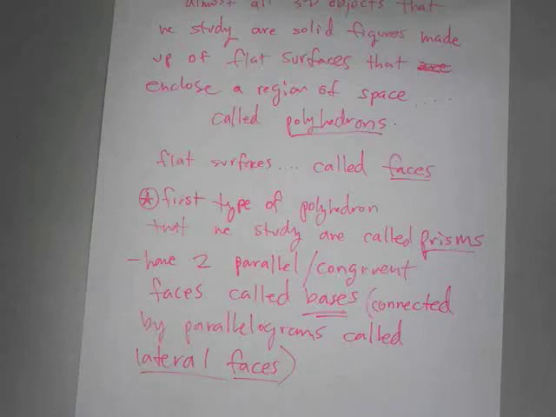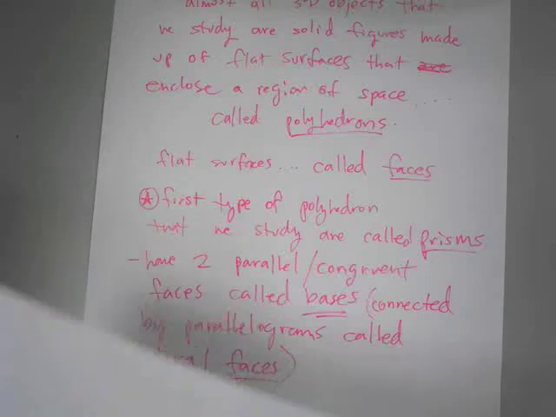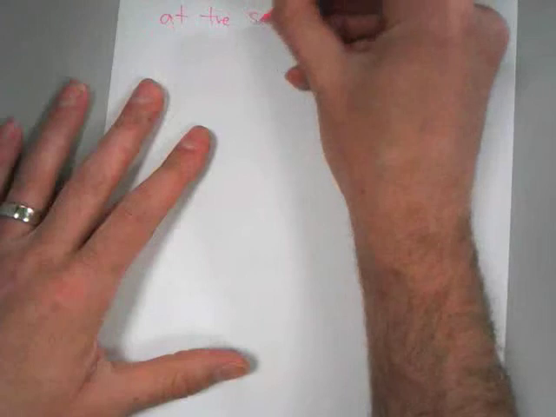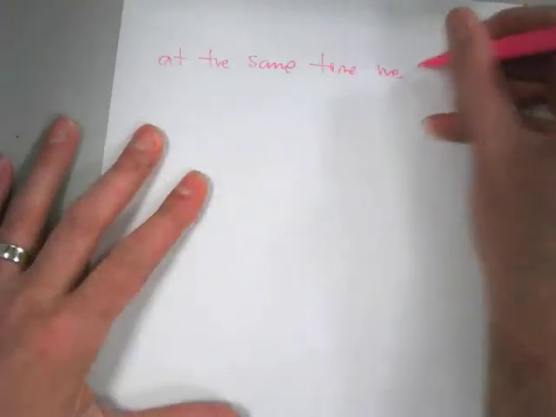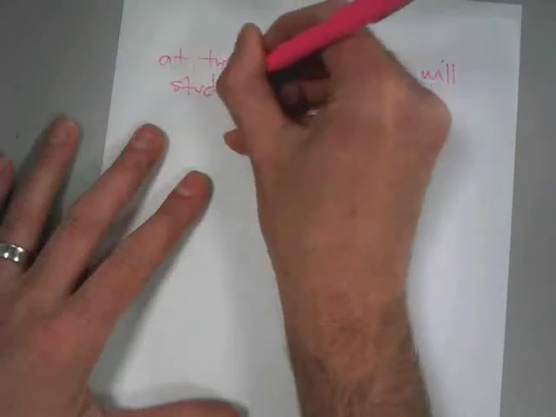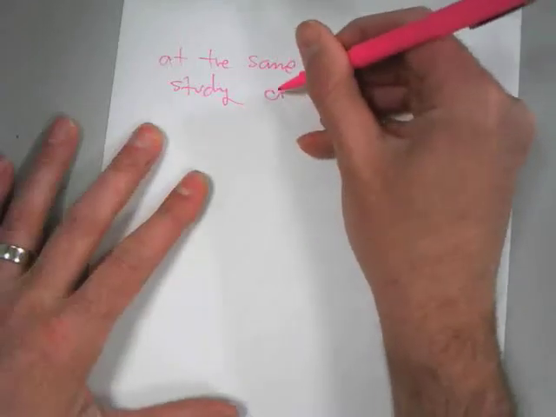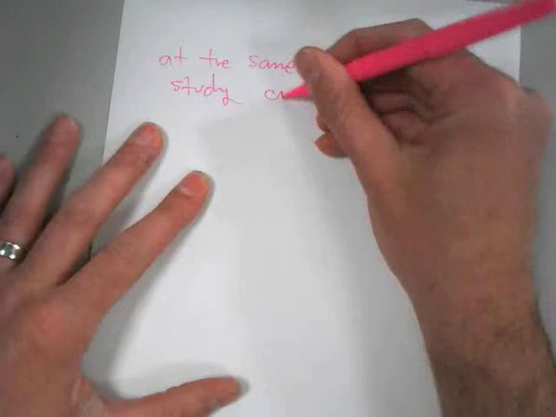At the same time, we will look at or study cylinders with the Y. They're actually prisms that are circular.